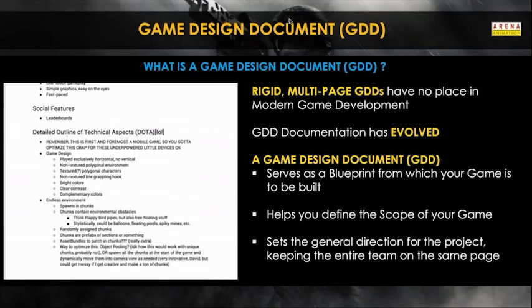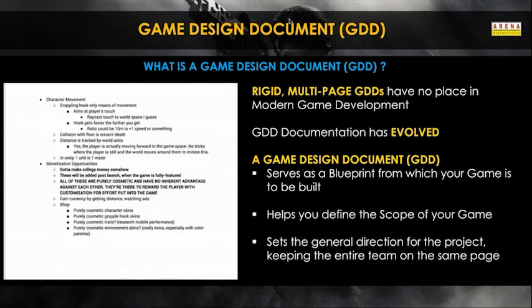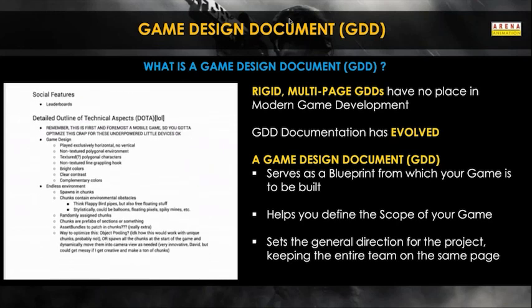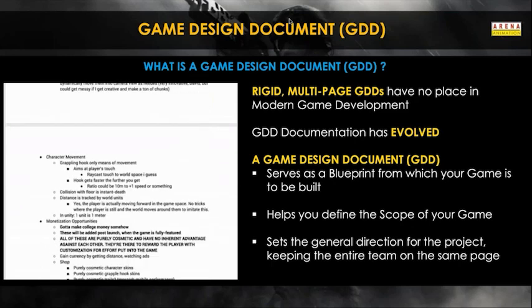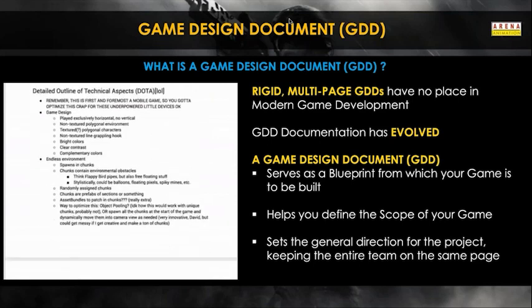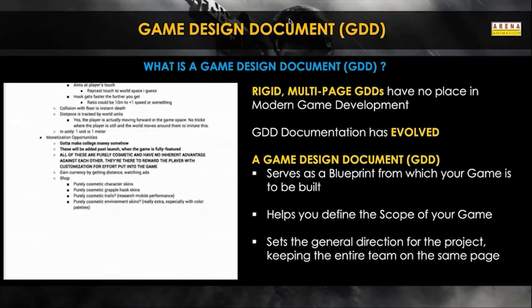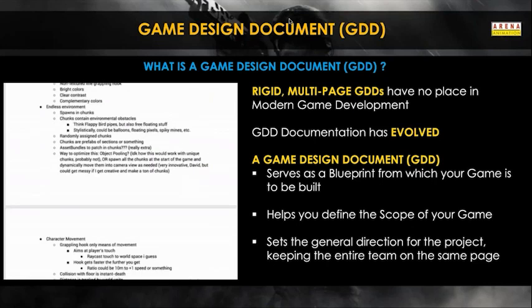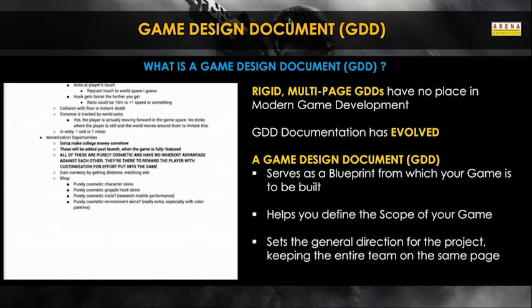But to start with, what is a game design document? A game design document is a document which serves as a blueprint from which your game is to be built. It helps you define the scope of your game and sets the general direction for the project, keeping the entire team on the same page, because this is something that everybody contributes to.